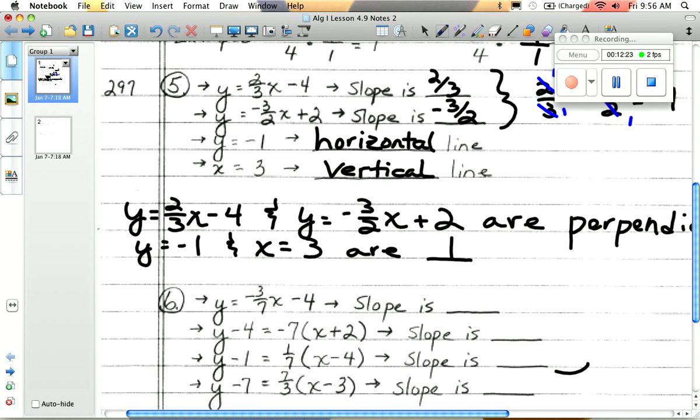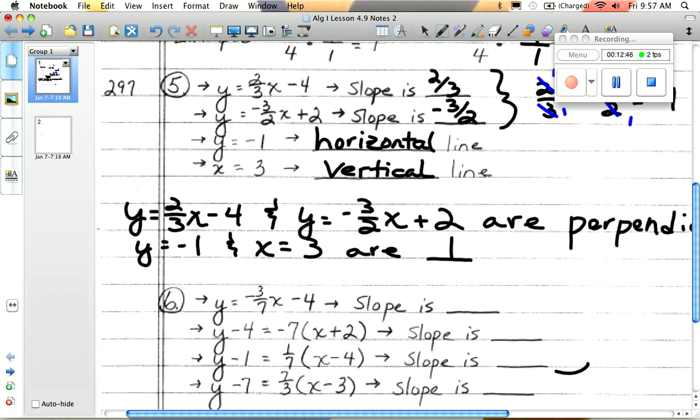Okay, I think I might have said yesterday these will challenge you more, and here's the reason. Your brain will still be on parallelism, where the slopes have to be the same, and the y-intercepts have to be identified, and they have to be different. And can vertical lines be parallel to horizontal lines?